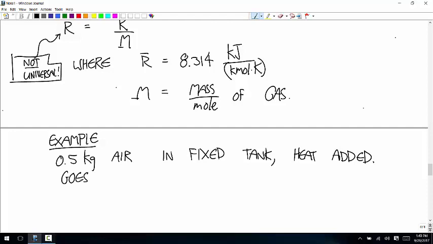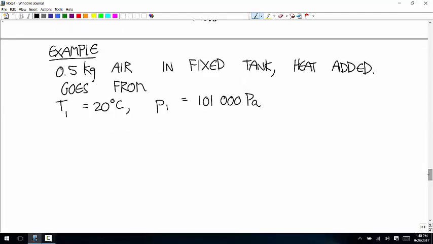And so the gas goes from a starting temperature of 20 degrees Celsius and a starting pressure of 101,000 pascals, atmospheric pressure, to a new pressure of twice atmospheric pressure, 202,000 pascals.